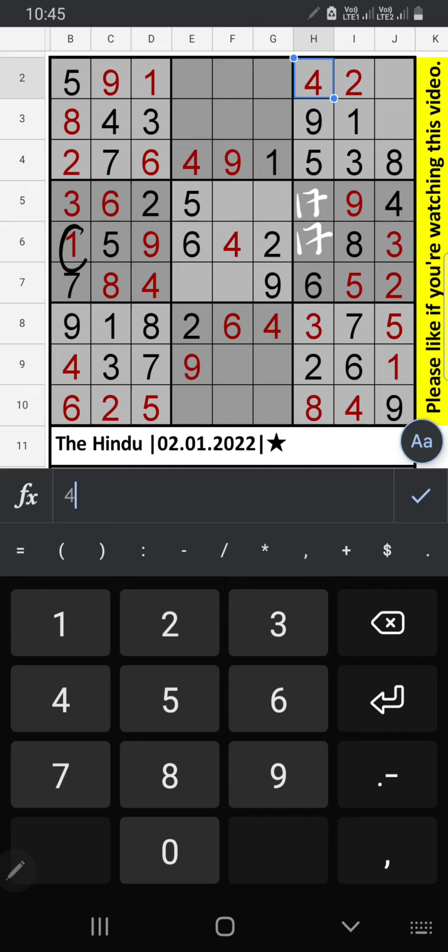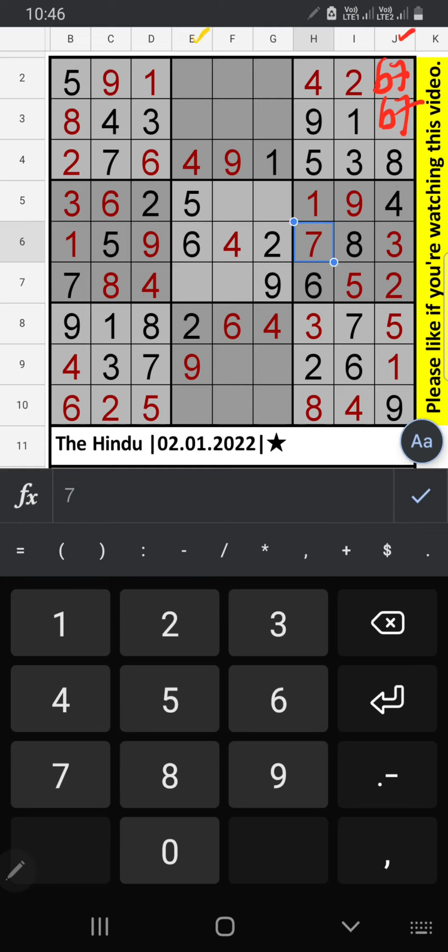Since 1 is here, 1 can't come in this cell. 1 is confirmed here. 7 is here. Column J, 2 numbers are remaining, 6 and 7. We will confirm later.